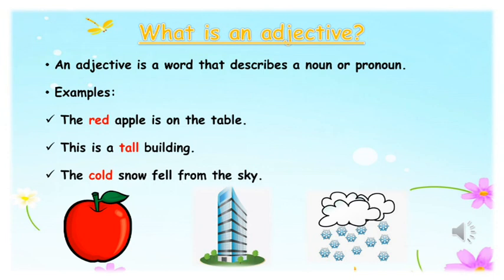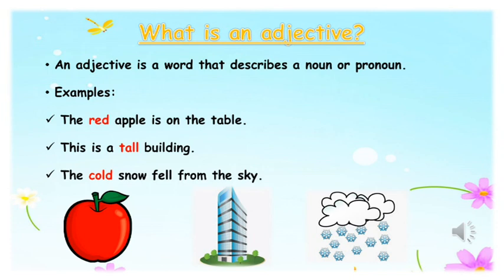Next, this is a tall building. Do you see the word in this sentence that describes the noun? Yes, tall. Tall describes the noun building. So tall is an adjective.